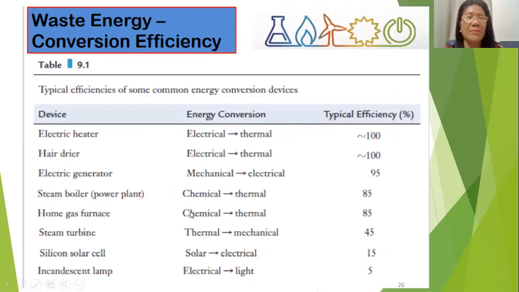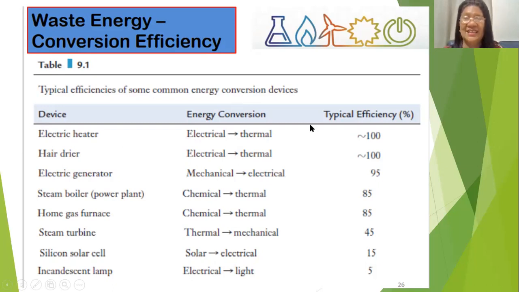Okay. Take a look here. This is our example. This Table 9.1 shows the efficiency of the conversion of energy using different devices. Take a look. The electric heater: you plug it in, so that is electrical energy converted into thermal.